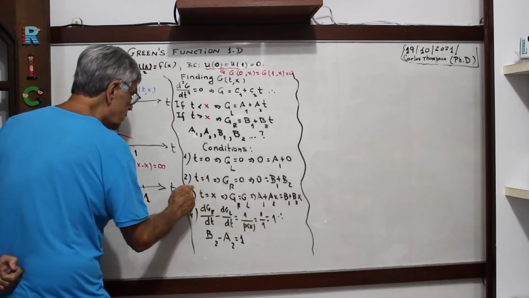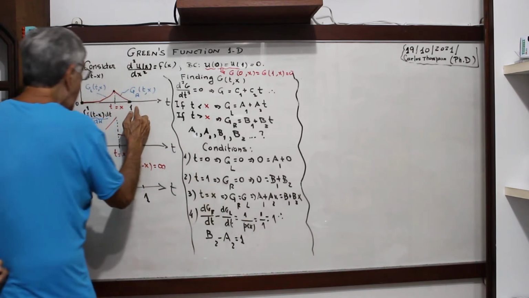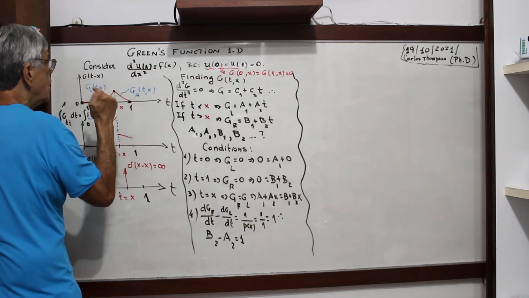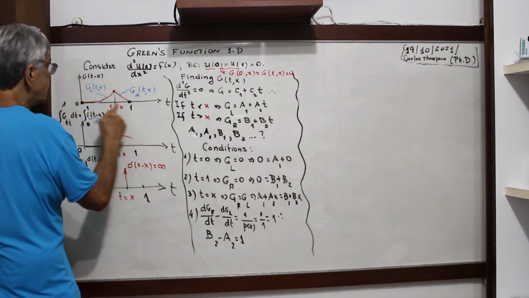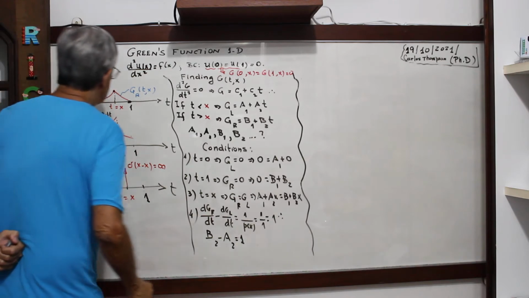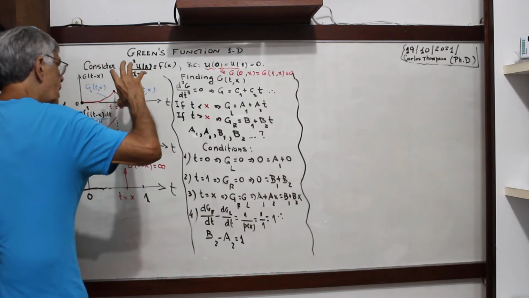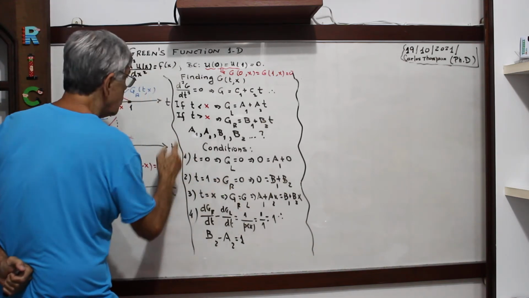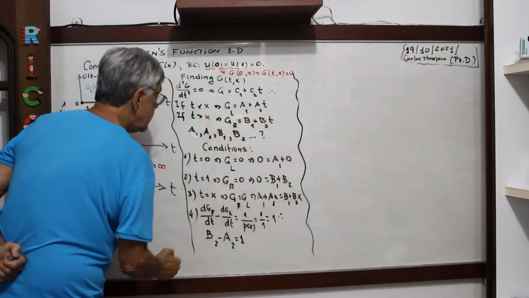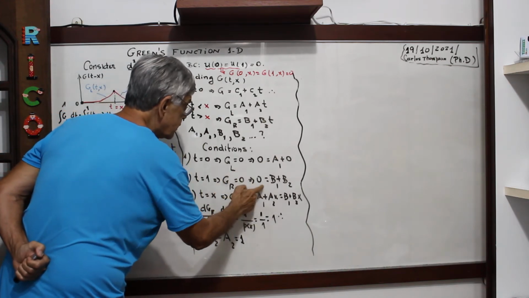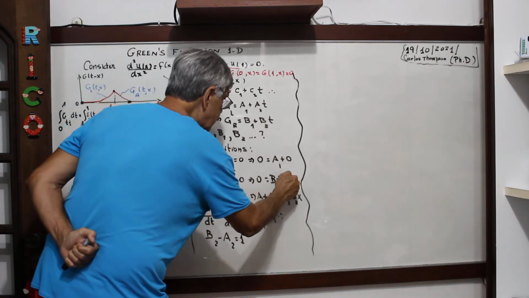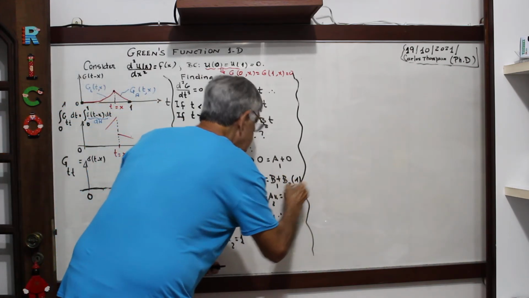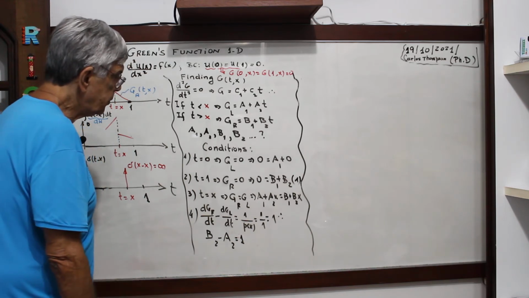The second condition, t equal 1. I cannot use GL. I have to use GR because 1 belongs to t greater than x. That's why I plug in t equal 1, GR equal 0. So 0 is equal B1 plus B2 times 1, just to be clear.